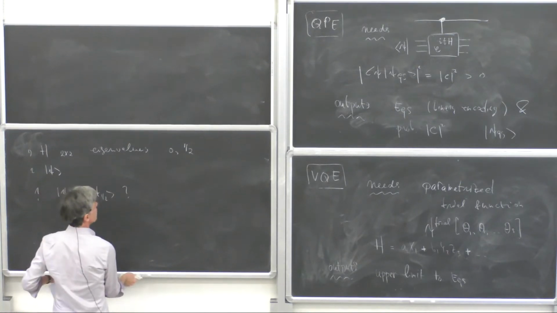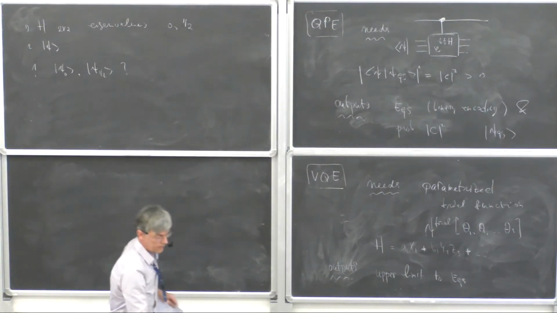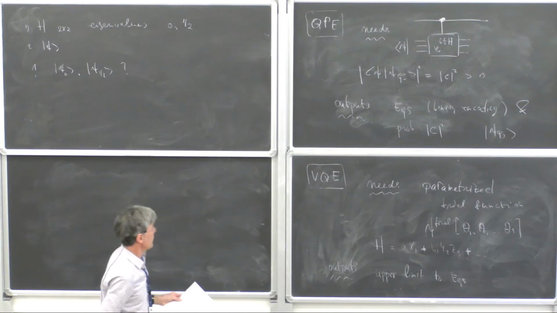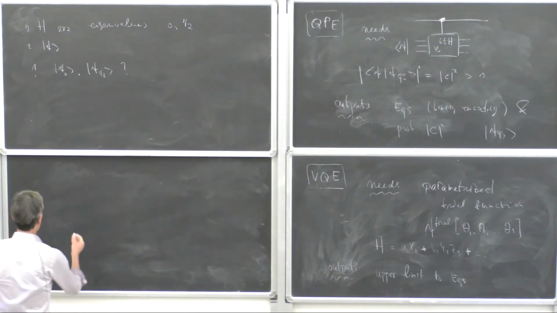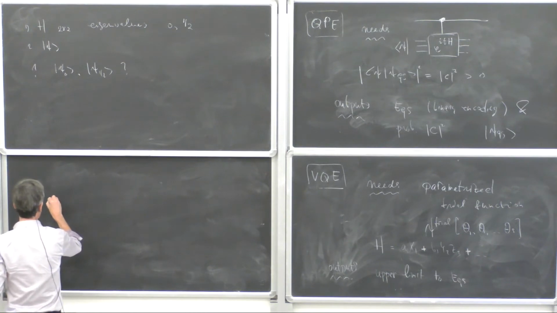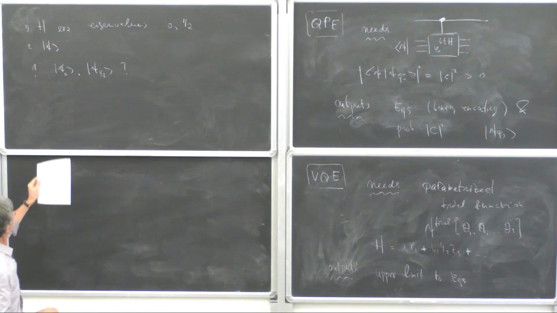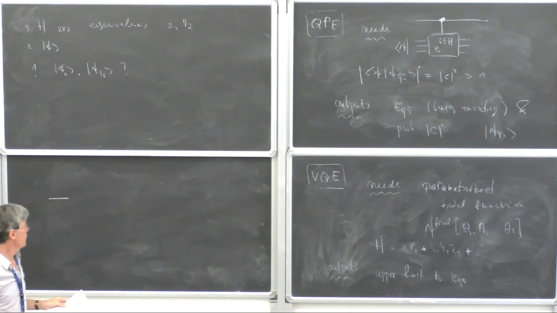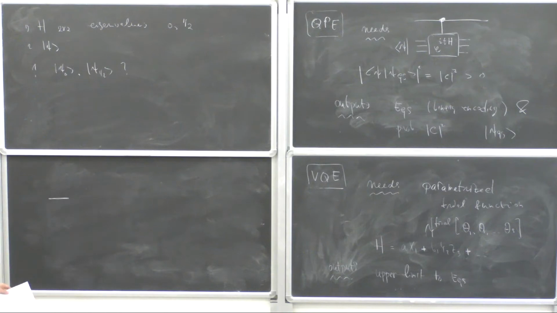Maybe let me leave this, so you know what we're addressing here. The idea, as I told you, is that in QPE you take a qubit, which is like the system qubit, for the 2 by 2 Hamiltonian. And as I told you, you would say, well, let's apply H on that qubit and then somehow measure, and that's the eigenvalue. Well, H is not a unitary.